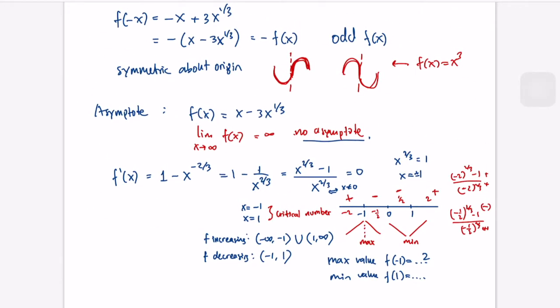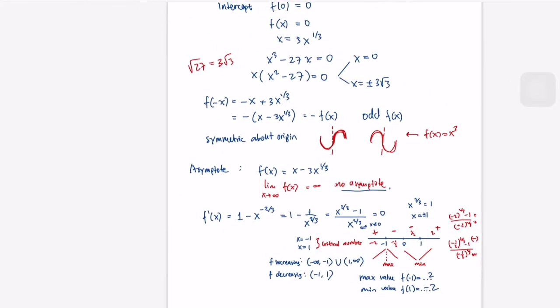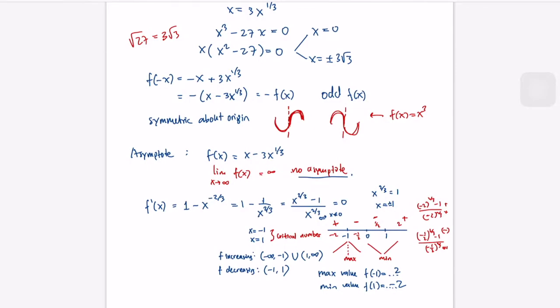Then check 1, it will be -2. Okay, this is the first derivative test.